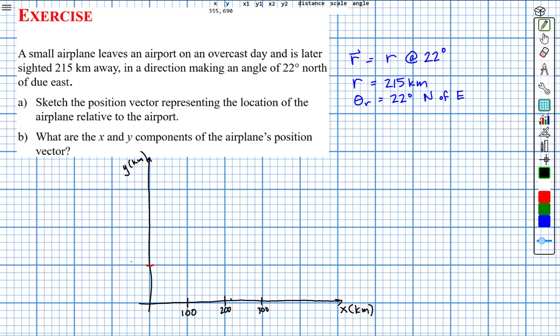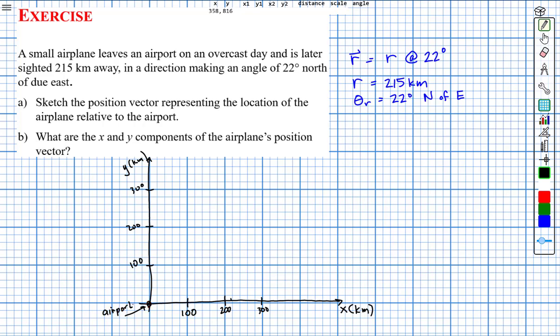And then vertically, we have 100 kilometers, 200 kilometers, 300 kilometers. So if I were to imagine what a distance of 215 kilometers would be from the origin, and we will say the origin corresponds to the airport.